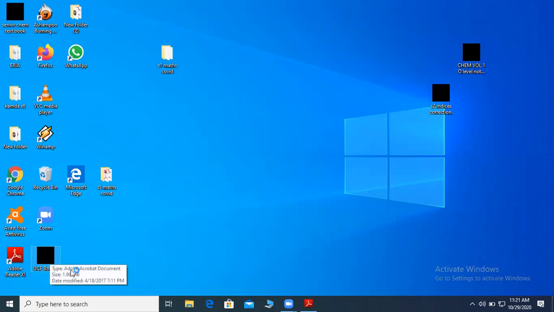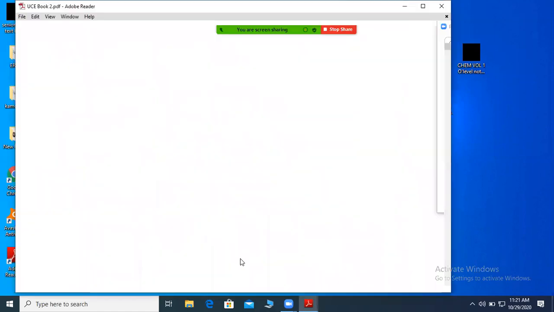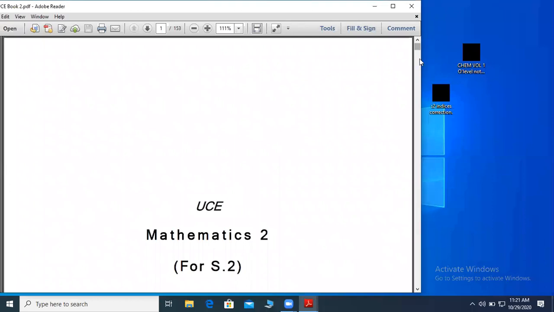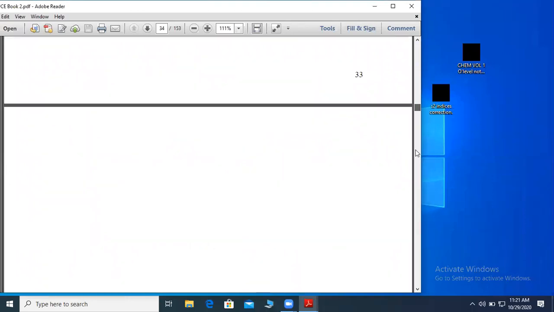Okay, it seems there is no question, so let us continue with our work where we had stopped. Remember this work of indices, I told you it starts from page 52.